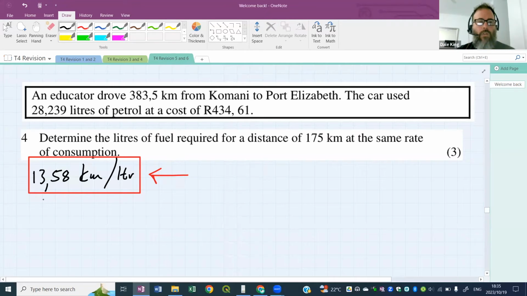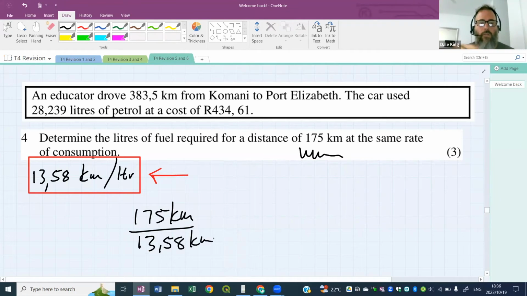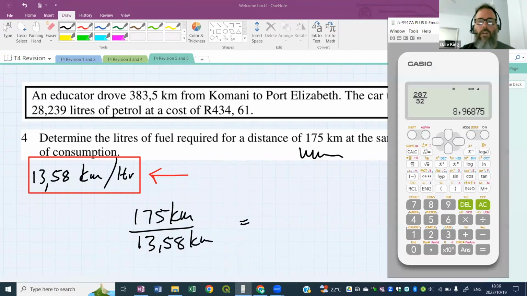If we know that we can go 13.58 kilometers on a liter, what I want to know is how many 13.58s I have in 175 kilometers. So I can cut up the 175 kilometers into 13.58 pieces, because I know every single one of those will give me a liter.